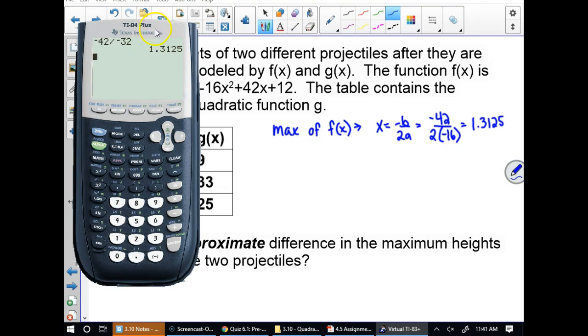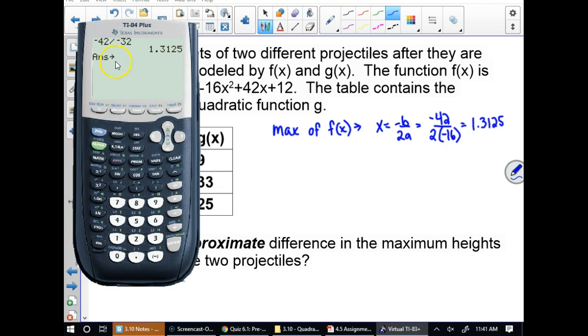So, alright, right above your own key, you should see a button that says STO and has a little arrow beside it. So I'm going to click that button. So STO. This is especially helpful when you have really long decimals that just keep on going forever. But even for this one, typing in 1.3125 several times is kind of a pain.